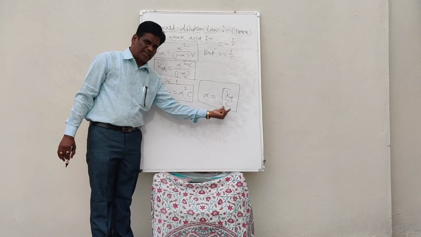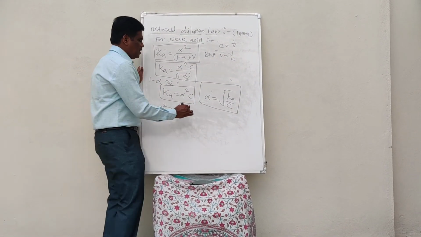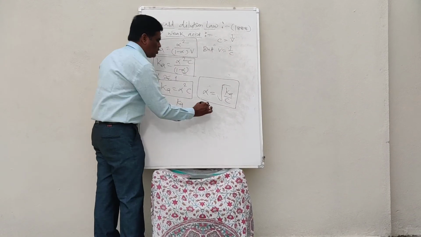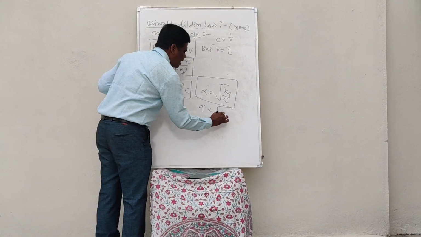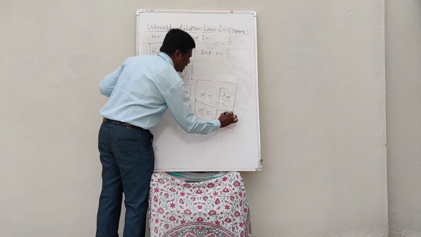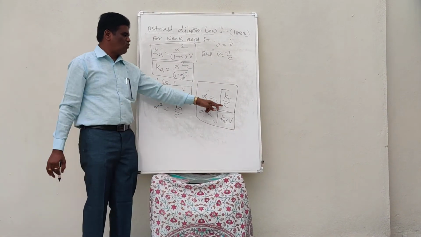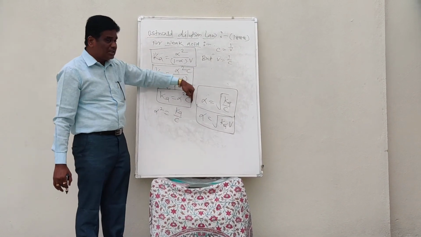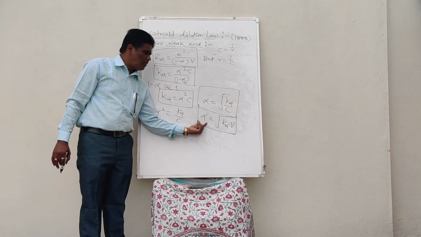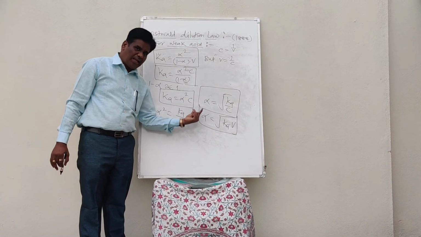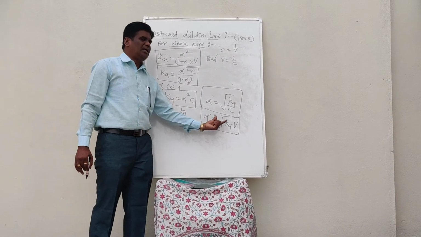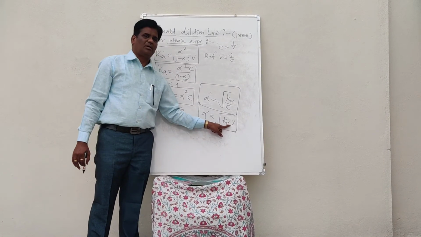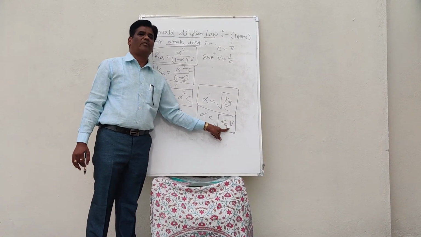And instead of concentration, if you have to put the volume, then because C is equal to 1 by V, if you put this value, this equation becomes alpha is equal to square root of Ka into V. Because C is equal to 1 by V, that V goes to the upper side, alpha is equal to square root of Ka into V. Means in another way you have to say the degree of dissociation of a weak acid, means a weak electrolyte, is directly proportional to the square root of dilution or square root of volume of a solution.